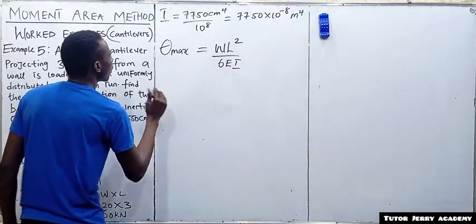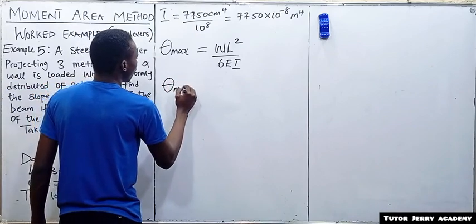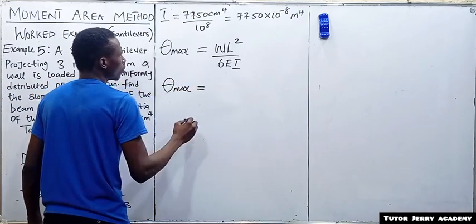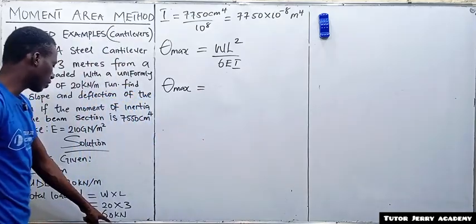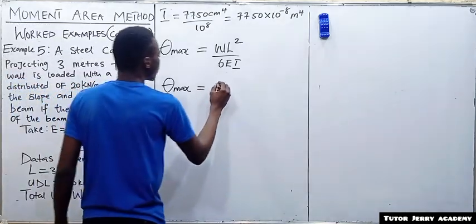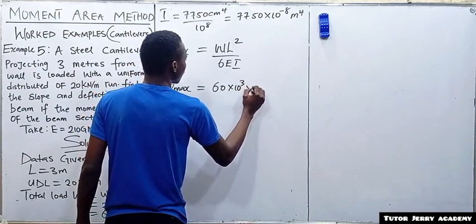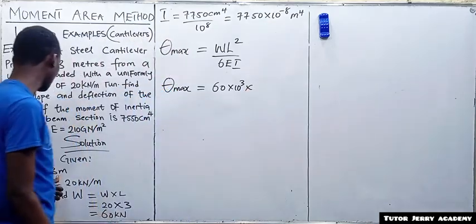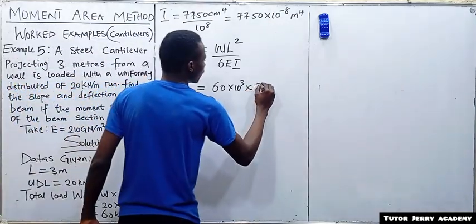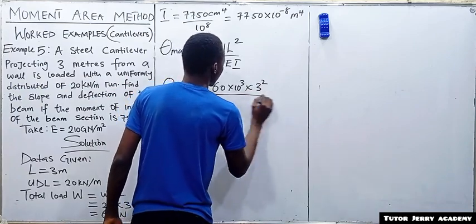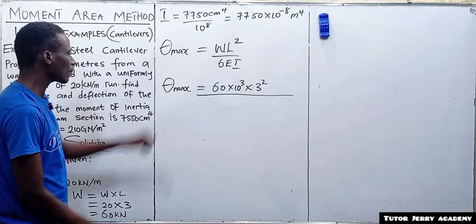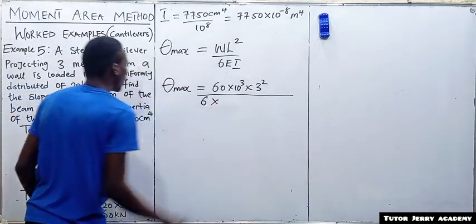Now if we substitute the values into this formula, we have the maximum slope, where W is equal to 60 kilonewton. So this will be 60 multiplied by 10 to the power of 3, multiplied by our length, which is 3 meters, so we have 3 to the power of 2. This will be all over 6 multiplied by EI.